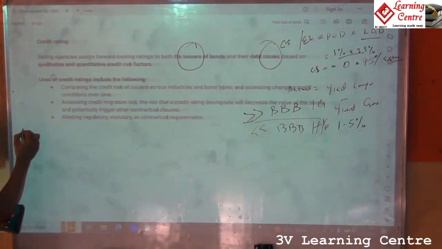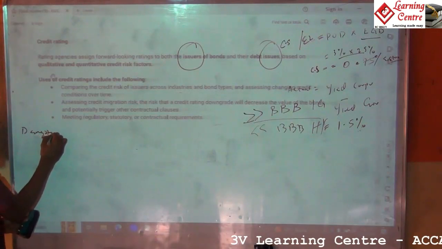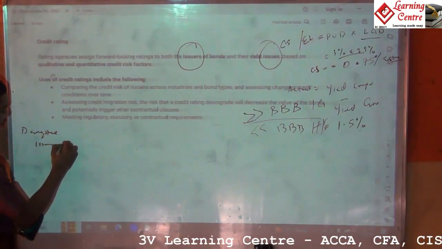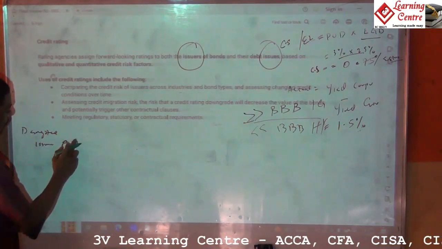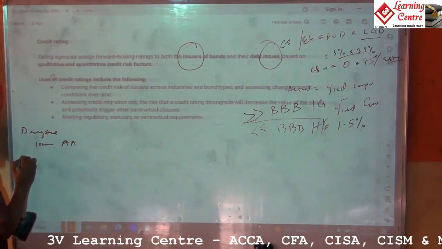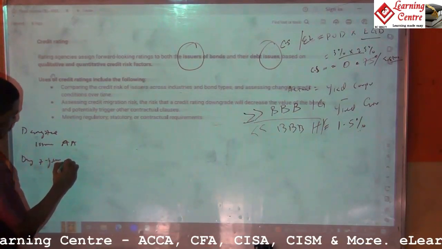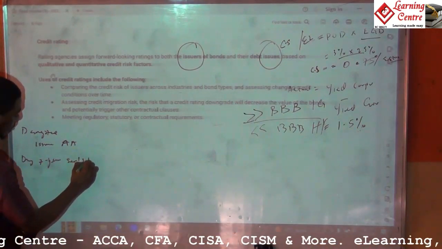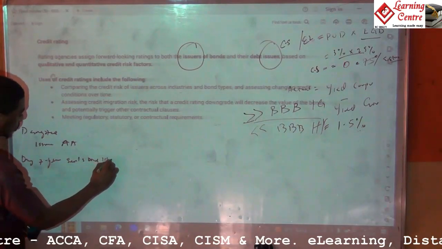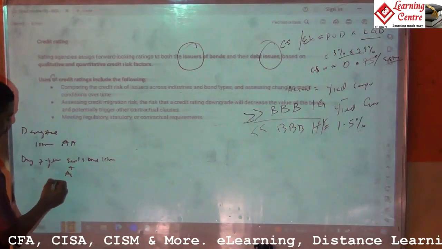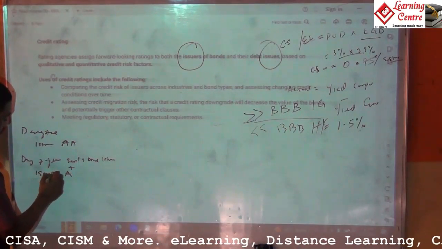If you see something like Dangote, we call it the issuer rating, triple A or double A. Let's say Dangote 7-year Series 1 issue, and you see single A plus, this is your issue rating.